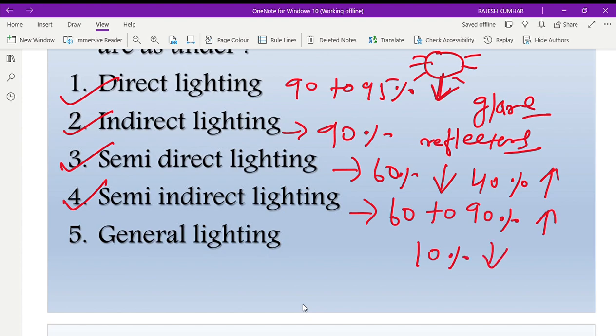This type of lighting scheme is suitable for interior decoration purposes.